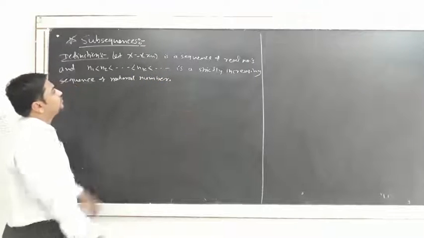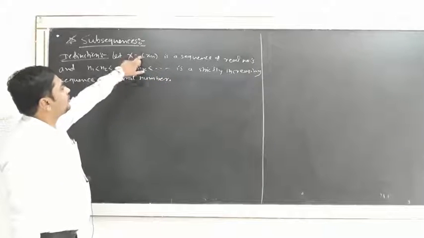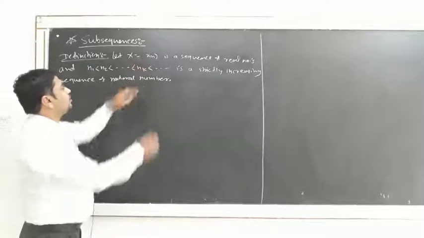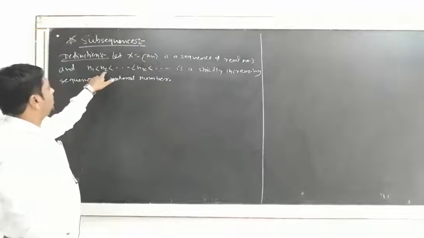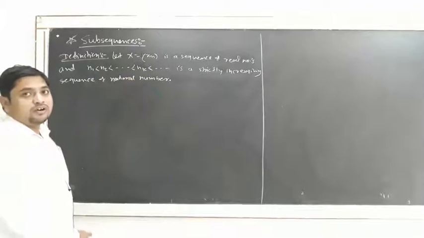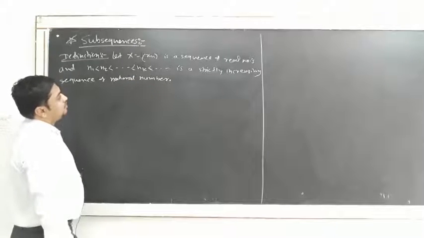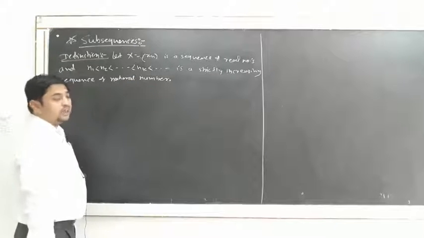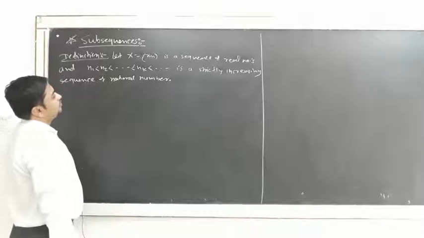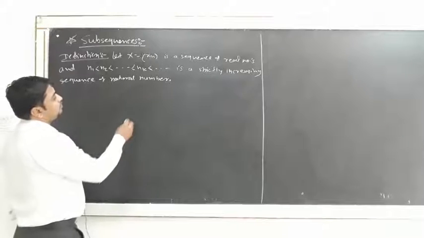So we consider one sequence, and then n1 is less than n2 is less than nk is less than and so on. It is a strictly increasing sequence of natural numbers.